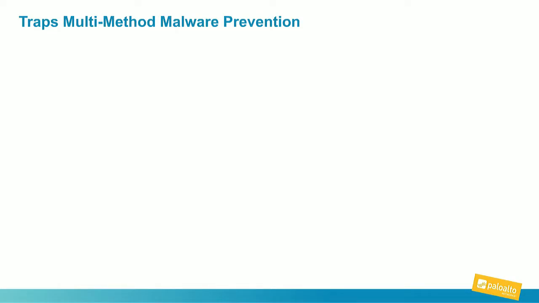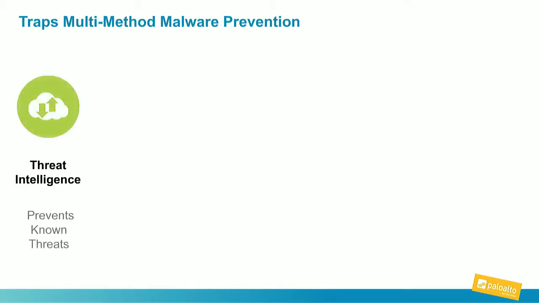Now, Traps has a multi-method malware prevention capability, and I think it's important to understand that at a very high level. It ingests a tremendous amount of threat intelligence. We, through our cloud, starting with Wildfire and other things that we've created, have the world's largest privately available threat intelligence and malware samples and all kinds of security information.